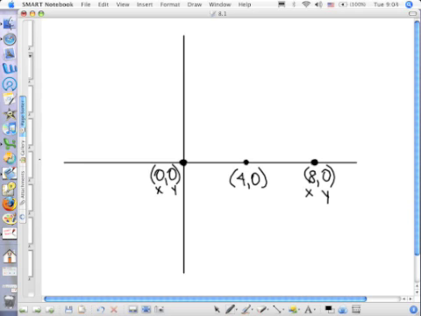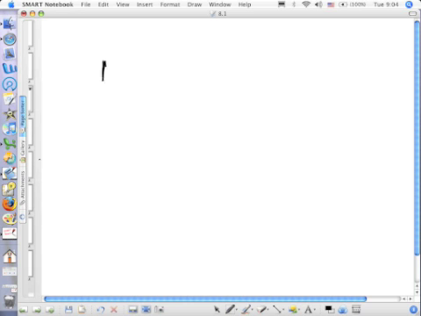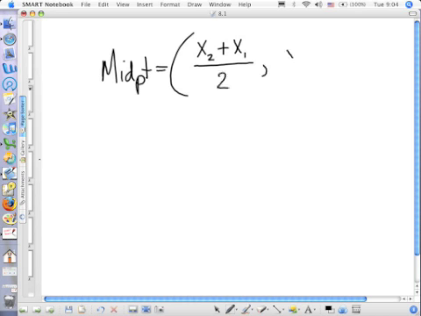Okay? So what we have here is our formula for midpoint. You need to know this. You need to commit it to memory. You will see it again for a very long time, not just in high school, but in college. Midpoint is average. Remember, midpoint is an actual point with an x and a y coordinate.